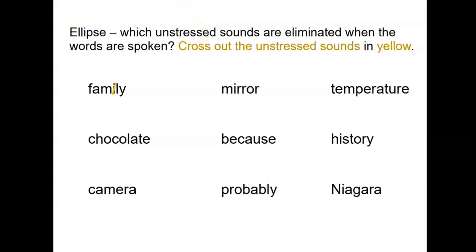So these are syllables that are so de-stressed that you don't even hear them. And you can take a minute, pause the video, write down these words, and then we'll go through them together and find what syllables are de-stressed and eliminated, and then we'll put a little line through them. This will help you for the quiz next week as well. So pause the video, write down these words.